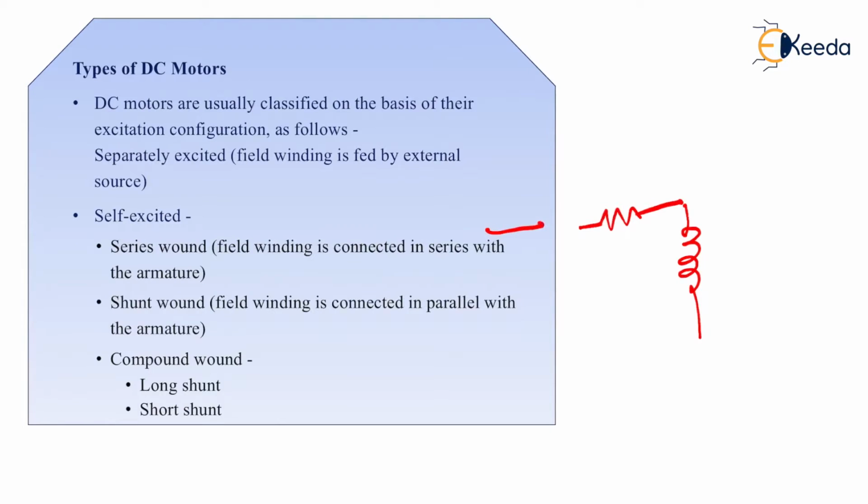This is series wound. But in the shunt wound, the field winding is connected in parallel with the armature. That is shunt wound. Again, the third type of self-excited DC motor is the long and short shunt compound motor. Depending upon the connection of the shunt, compound motors are divided into two parts, that is the long and the short shunt DC motor.